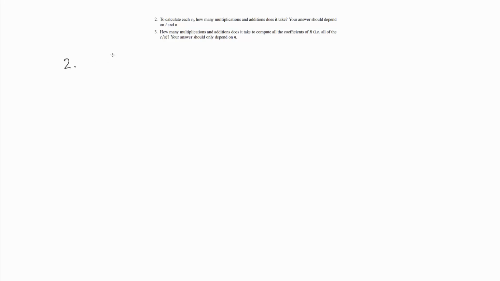From the previous part, we have that for i between 0 and n, ci is equal to the sum from j equals 0 to i of aj times b i minus j. And for i between n and 2n, we have that ci is equal to the sum from j equals i minus n to n of aj times b i minus j.